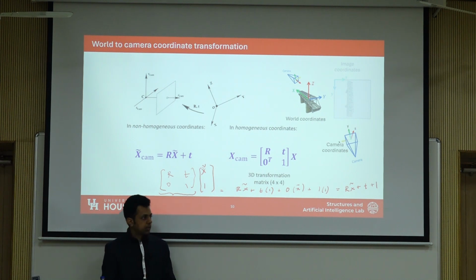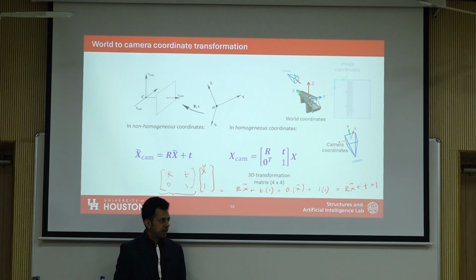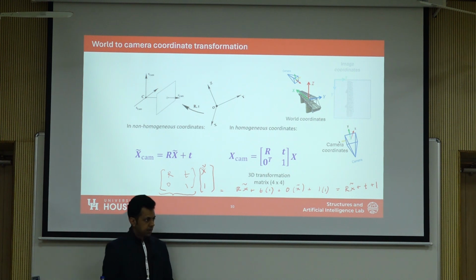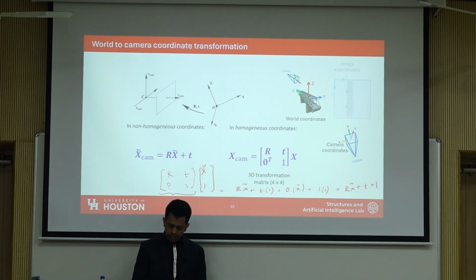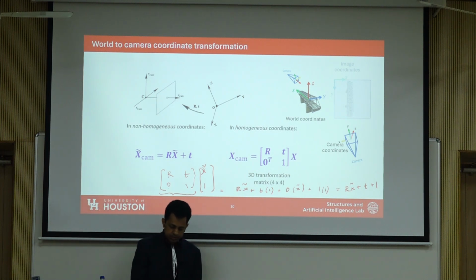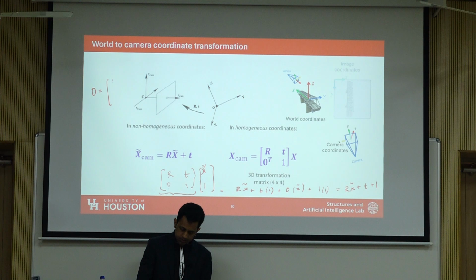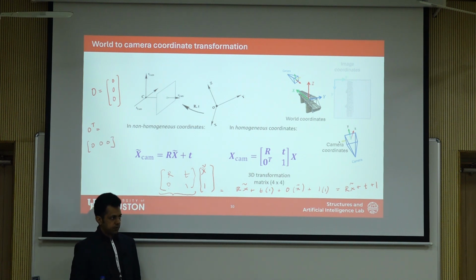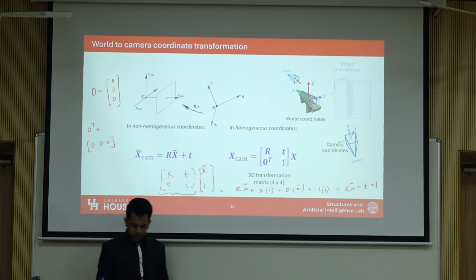So it's the third and fourth? Yeah. So this is the 0 transpose. So the 0 is this 0, 0, 0, and so 0 transpose is going to be 0, 0, 0. Oh, sorry.